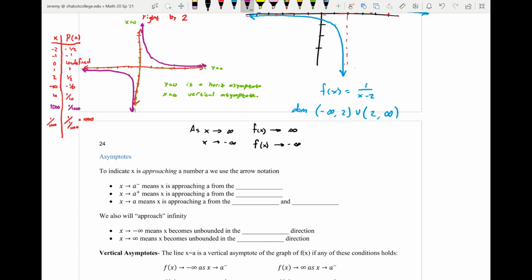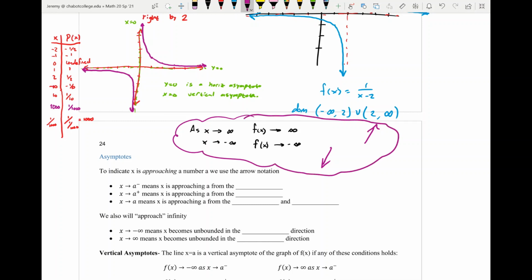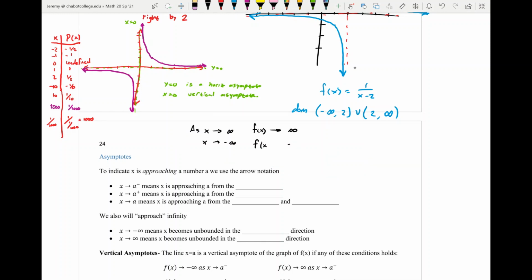We would use that notation to say the end behavior of this polynomial function goes like this and this. So we've already seen this type of arrow notation in the context of end behavior. Now we're going to use the same kind of notation to deal with asymptotes.